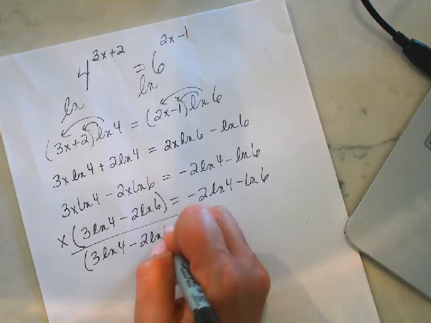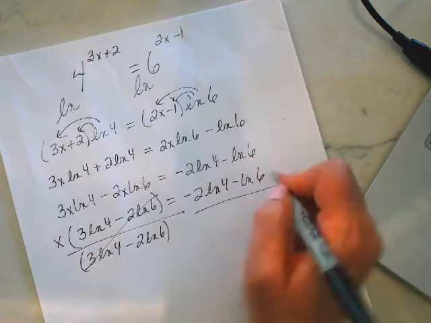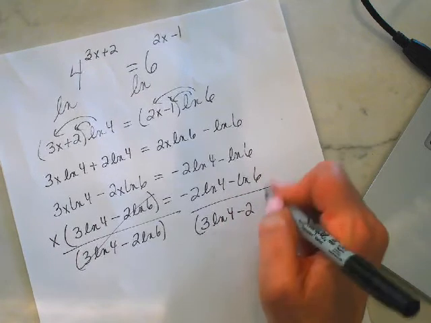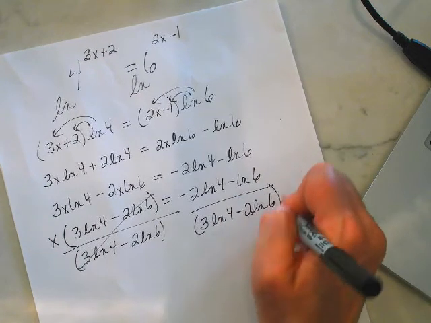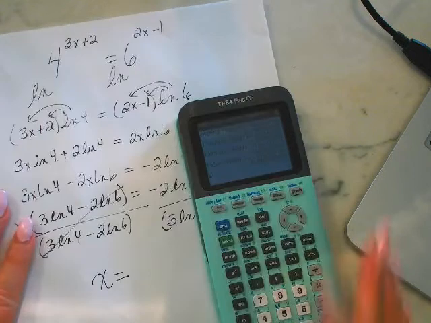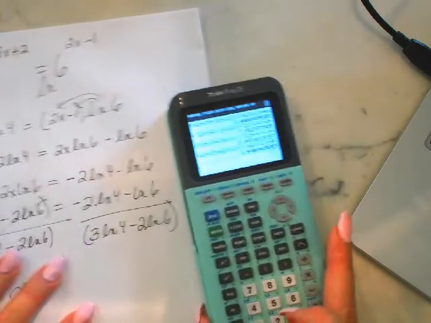And then I'm going to divide this by this whole term, two terms rather, binomial. 2 ln 6. And again, go to my trusty calculator.